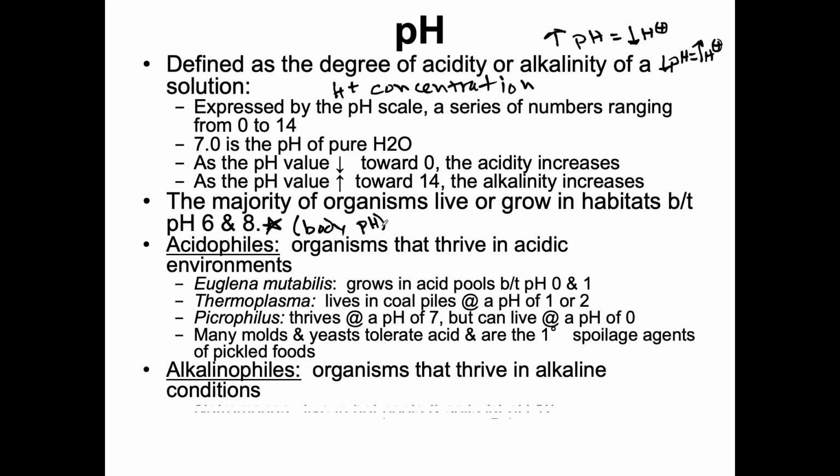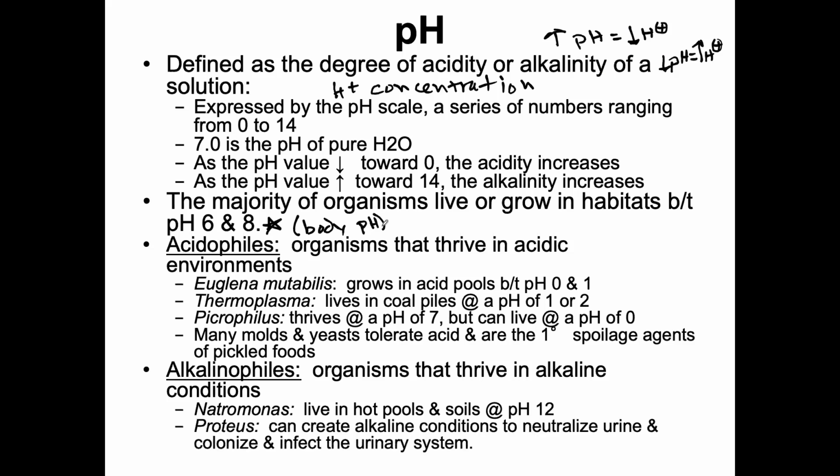Alkalinophiles like alkaline conditions. Natromonas lives in hot pools and soils around pH 12, and Proteus can create alkaline conditions to neutralize urine and colonize and infect the urinary system. So different tools. Another one we should mention, that we would call a facultative acidophile, is Helicobacter.